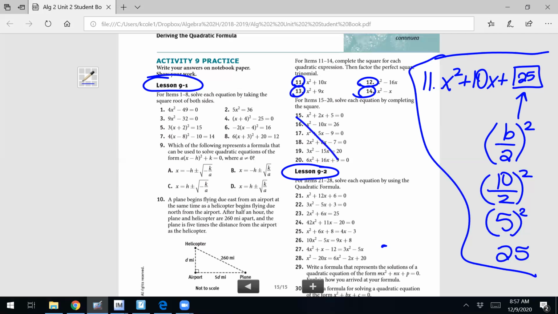You are going to, however, do these quadratic formulas for lesson 9-2. I want you to do 21, 23, 25. Okay, those are with the quadratic formula. Flip the page.